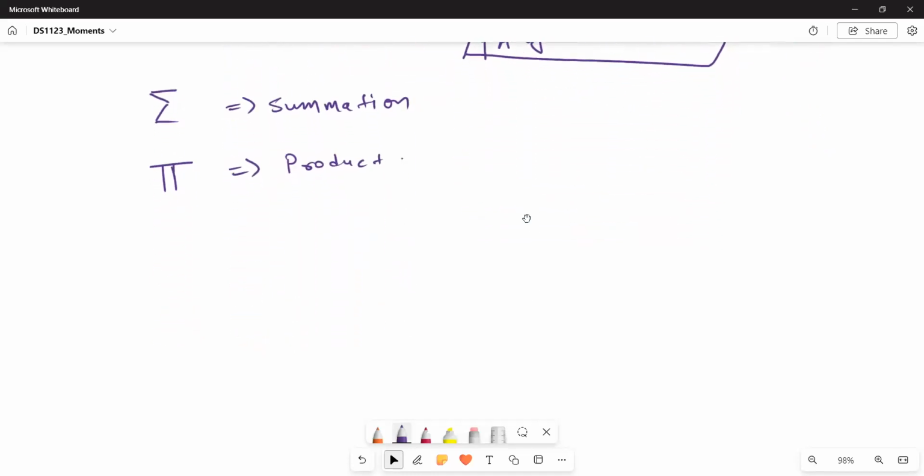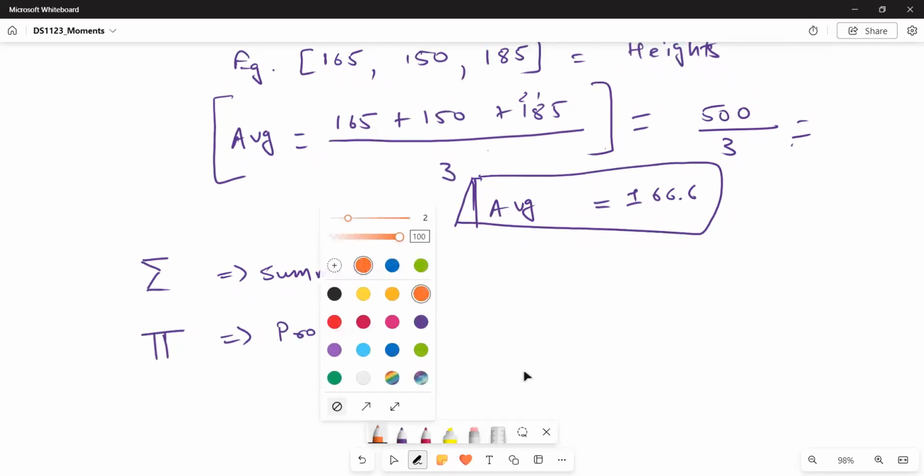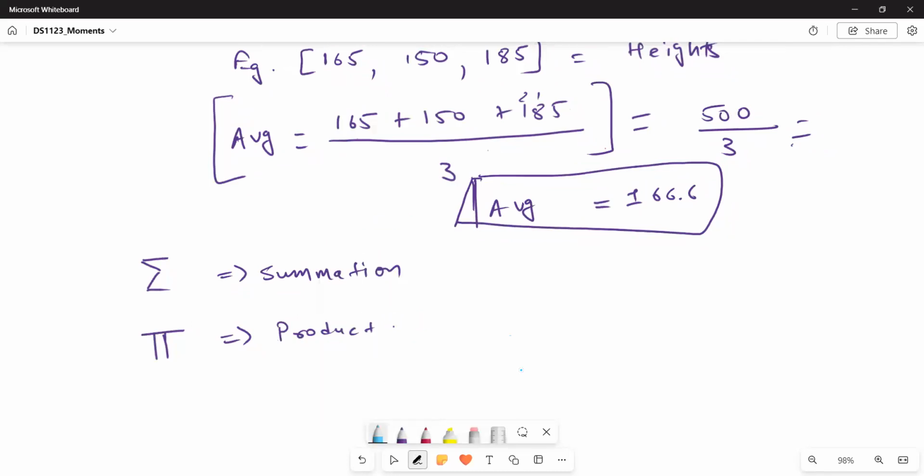So if I want to represent this, I can simply write it. Let's say this 165 is the first term.